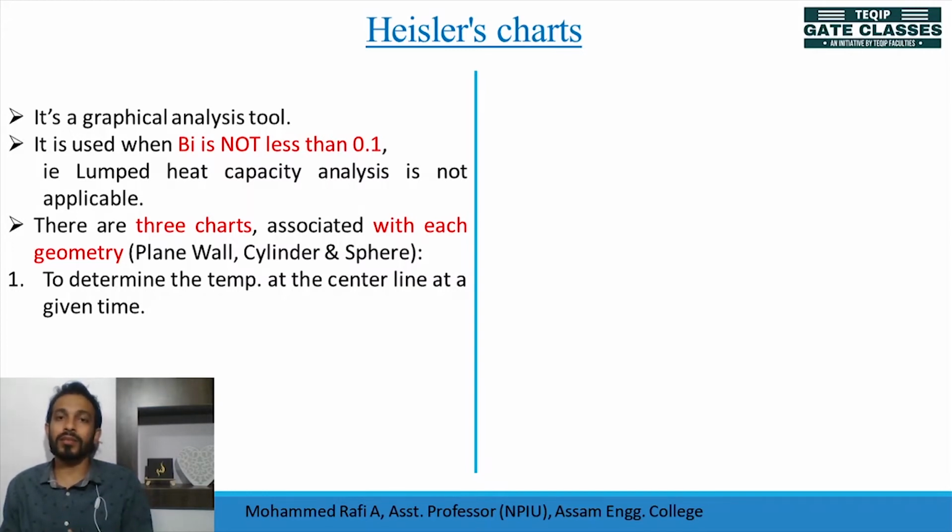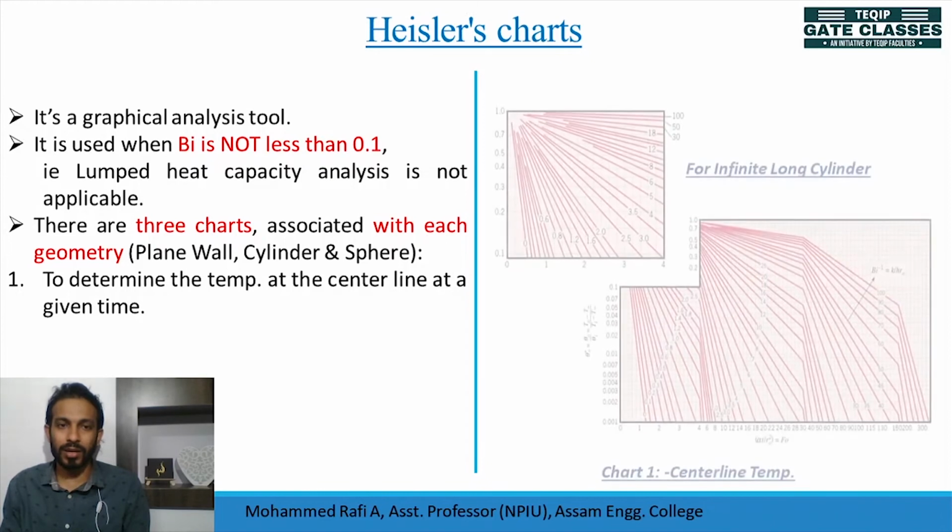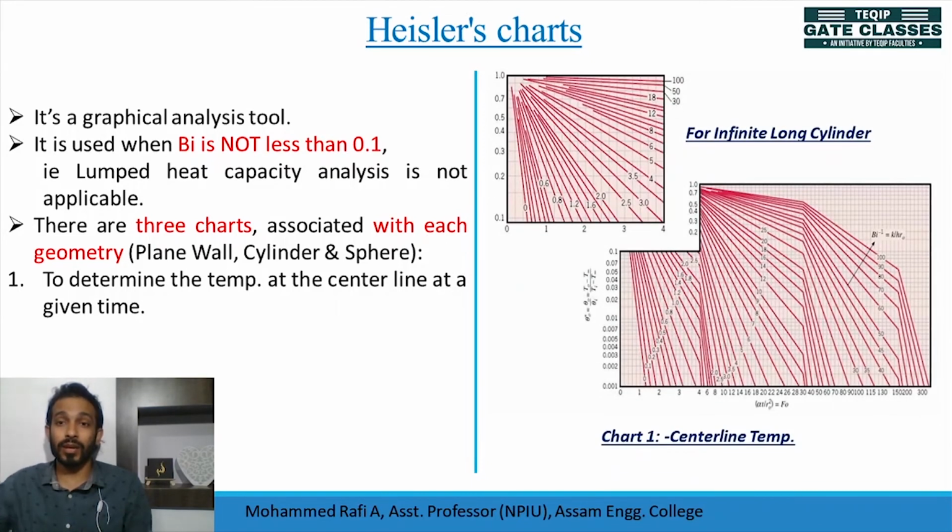For all these three shapes, from experimental observation, they have prepared a chart with an x-axis, a y-axis and some curves. The beauty of this graphical method is that you can directly get the value. To find the temperature at the center line, they have prepared one chart, and it looks like this for the case of an infinitely long cylinder.